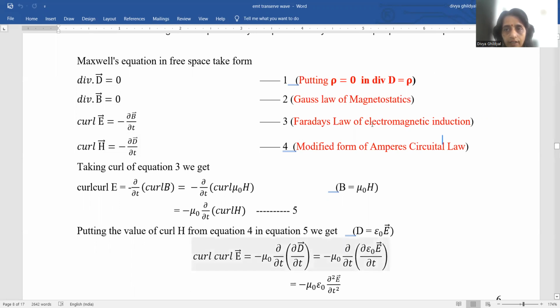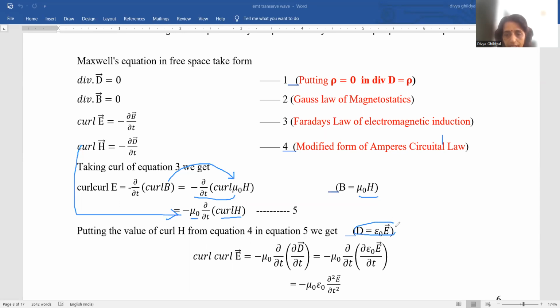So we are going to take curl of equation 3 and get curl curl E equal to minus del by del t curl B. Now in B here, we have put mu naught H. And now we have taken mu naught outside as common, and this becomes mu naught del by del t curl H. Now, putting this value of curl H from equation 4 in equation 5, we will put the value of curl H and use D equal to epsilon naught E.